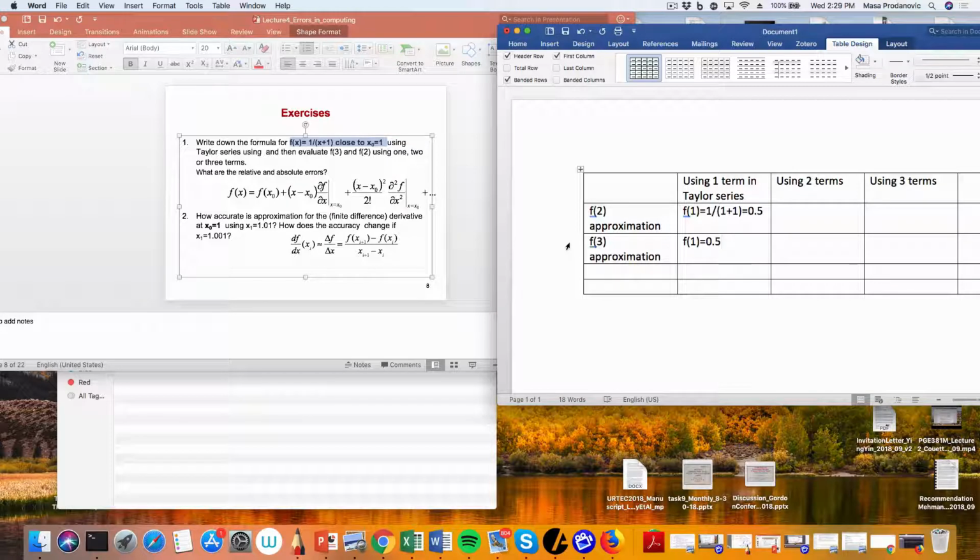What is f prime of x when f of x is 1 over x plus 1? That would be integral.